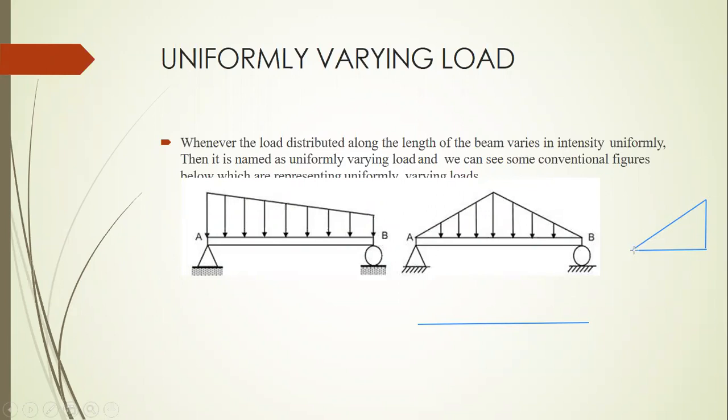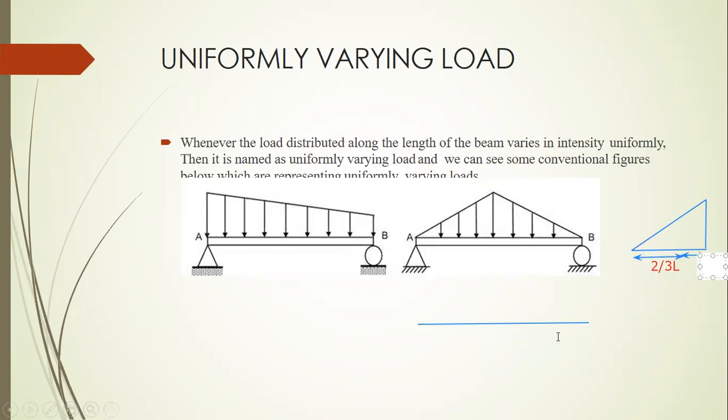From the hypotenuse end, the centroid distance will always be equal to 2/3 of the distance. If the length is L, the centroid distance will always be equal to 2/3 times L from the hypotenuse end.